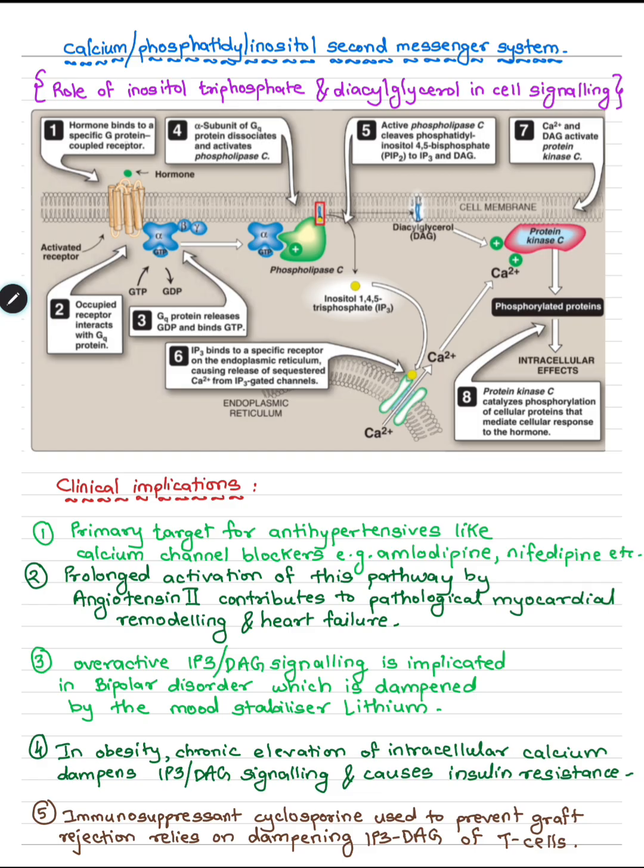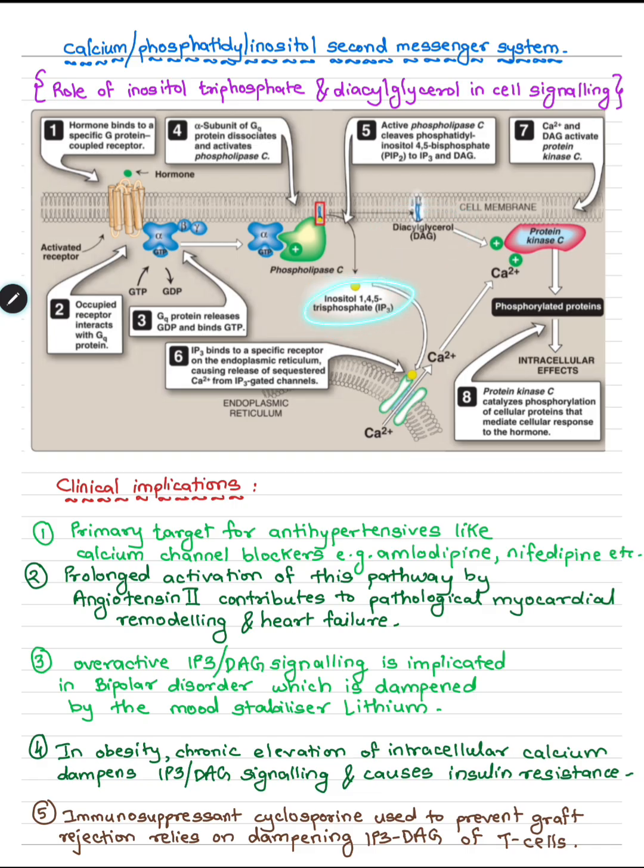So the hormone binds to the G protein coupled receptor that activates the receptor, and you know that on the alpha subunit GDP gets replaced by GTP and it dissociates, and in this case it binds to phospholipase C. This phospholipase C cleaves inositol 4,5 bisphosphate to inositol triphosphate and diacylglycerol.